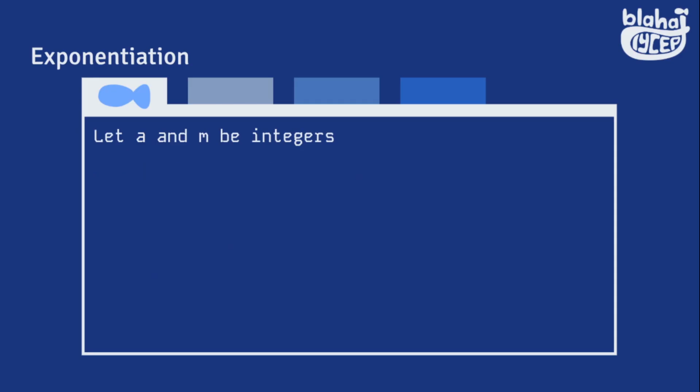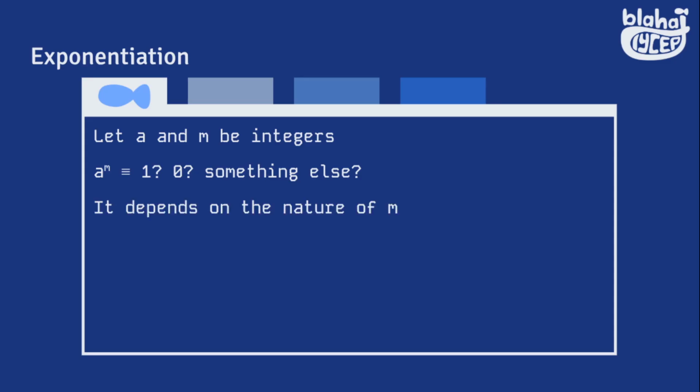So now this begs the question though. Let a and m be integers. What is a to the power of m congruent to modulo m? Is it 1? Is it 0? Anyone want to take a wild guess?